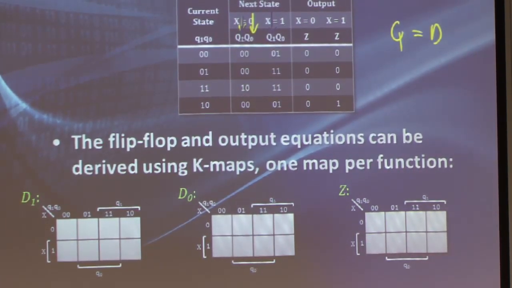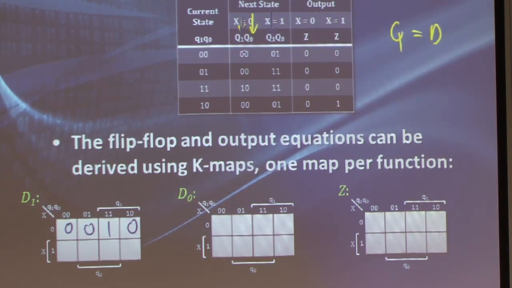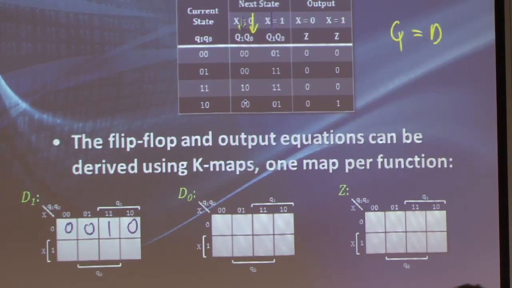So when x is 0, then Q1, depending on the input patterns here, will be 0, 0, 1, 0. I'm just reading 0, 0, 1, 0. And notice this time that I did not do what I usually do, especially in tutes, where I jump 0, 0, 1, 0, because the values in here are already given in gray code, which matches the order that I have in the corner map.